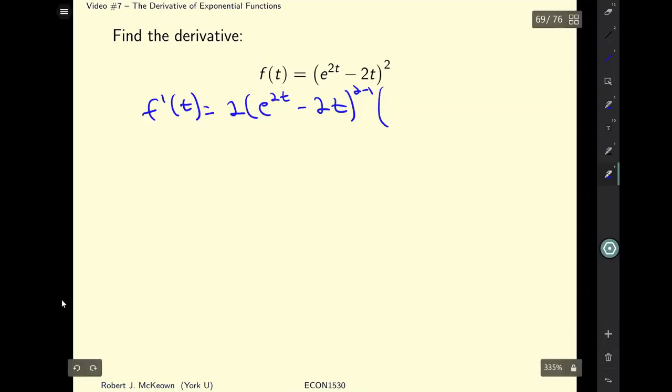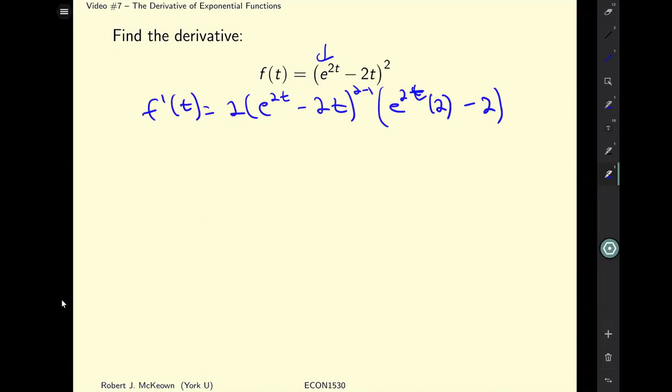Now I want to multiply it by the entirety of the inside. So I'll start with this thing. And I've got e^(2t) times 2, right, when I use the chain rule, minus 2. And I'll close the bracket, and I guess that's it. As long as we know what we're doing, it doesn't take too long. Now all we have to do is some simplifying.